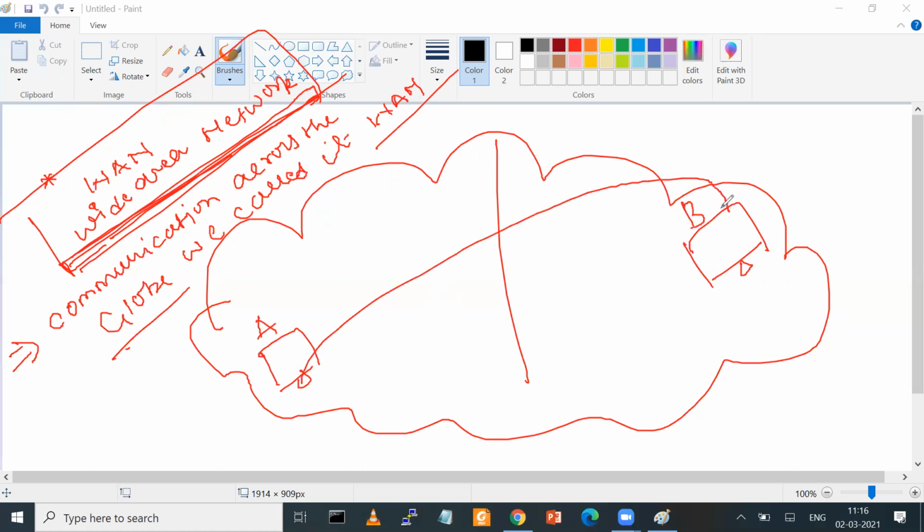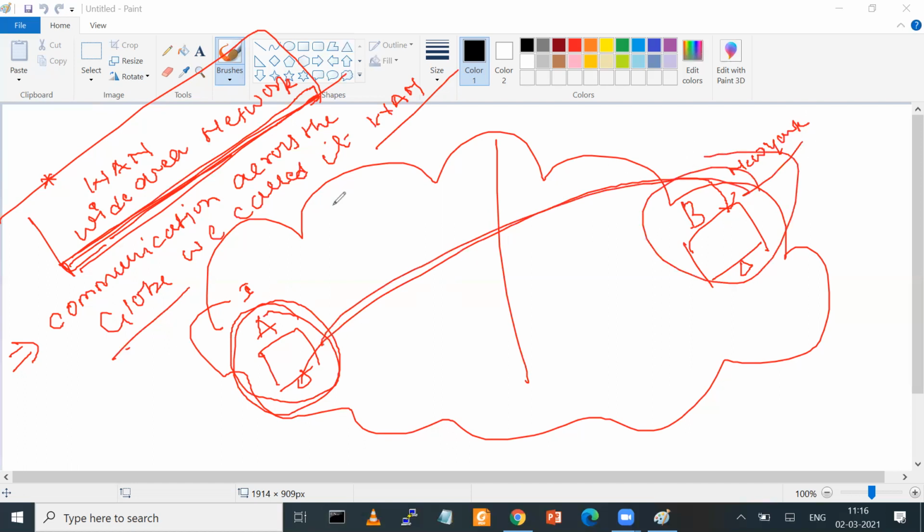So B is far away from A. If you want to connect these two machines, such a network we called WAN, communication across the globe.